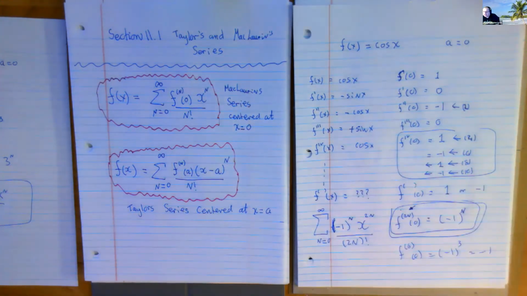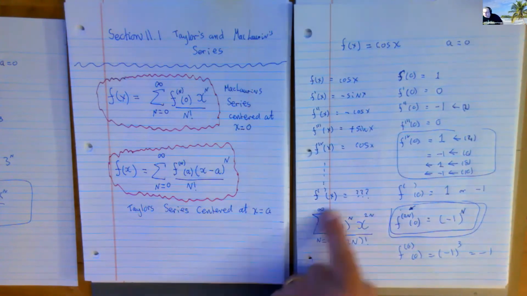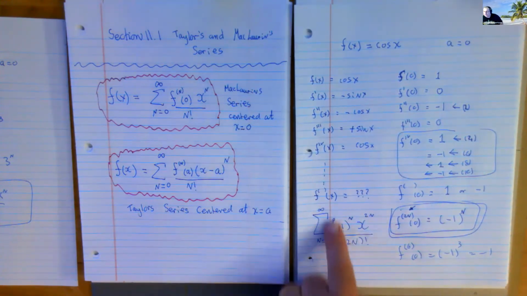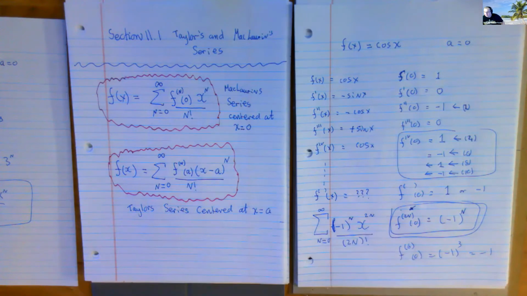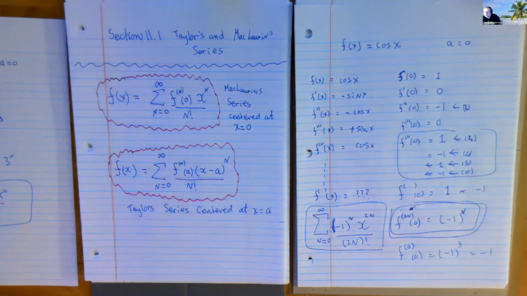Because that guy only uses multiples of 2. Do you see what I've done here is I've avoided all the odd powers of x because they're all 0. But because I've done that, I've had to re-parameterize the exponents. In other words, it's not x to the n, I have to use x to the 2n. That is the cosine of x. And that is horrendously ugly. And that's just the cosine.